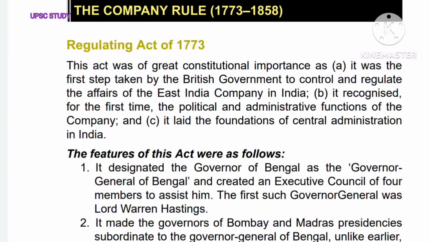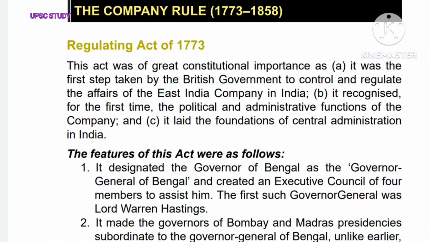B. It recognized for the first time the political and administrative functions of the company. And C. It laid the foundations of central administration in India. The features of this act were as follows.